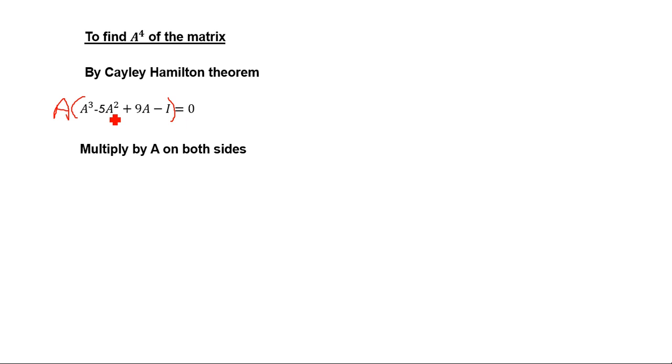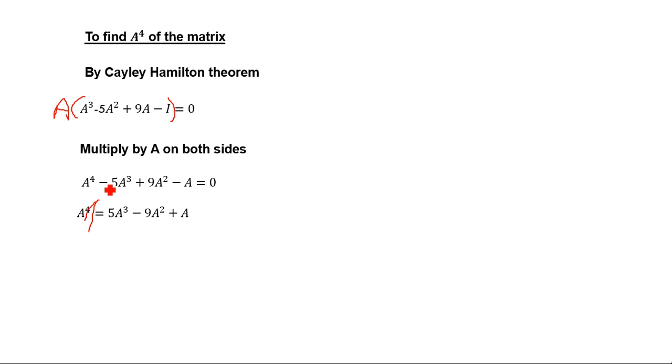A power 4 minus 5A cube plus 9A square minus A. So A into A cube, you are getting A power 4. Keep that A power 4 here. So write all the other values on that side. That means keep only A power 4 on this side and the remaining terms on the other side.